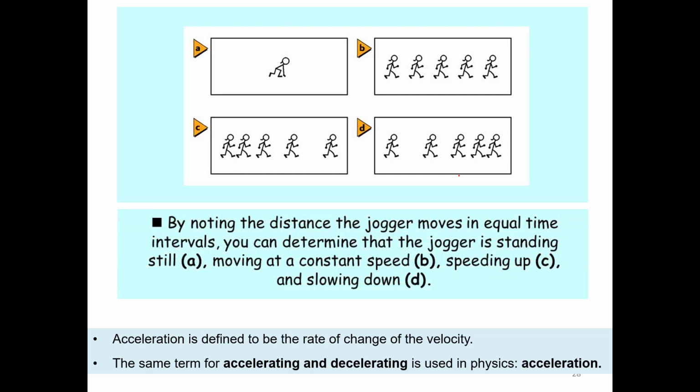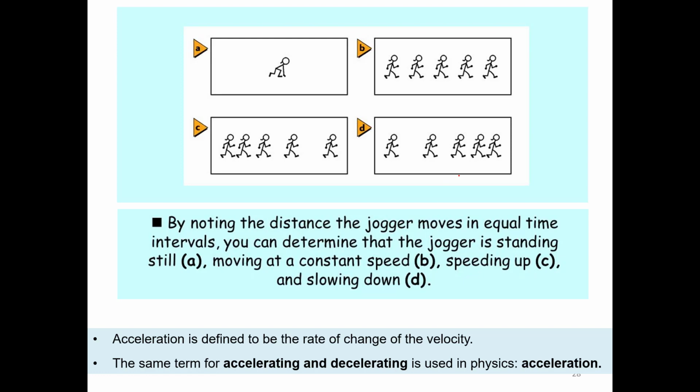Just to remember, acceleration is defined as the rate of change of the velocity. In physics, when we talk about accelerating or decelerating, we always use the same word, acceleration. Acceleration is related to both.